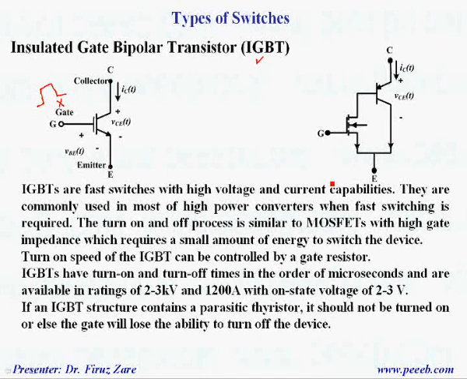In most modern power electronic systems, we can use IGBTs. The turn-on and turn-off process is similar to MOSFET, and they are very fast. They can operate at high voltage, for example around 2-3 kilovolts, and at high current, for example 1200 amps, and the voltage drop across the switch when it is in on state is between 2-3 volts.